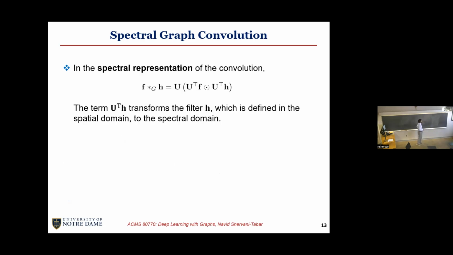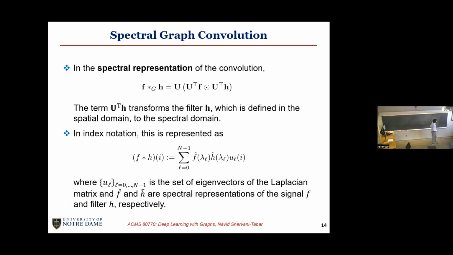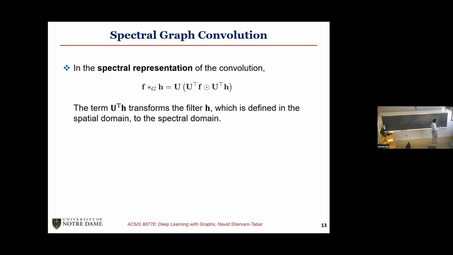Now we said that we have this representation, and that this graph Fourier transform, U transpose h, takes some filter h and maps it to the spectral domain of the graph.